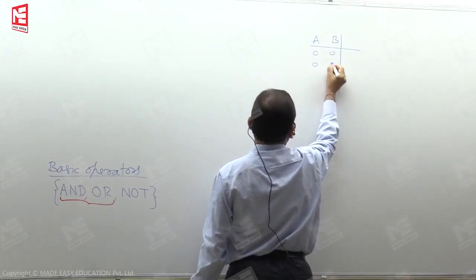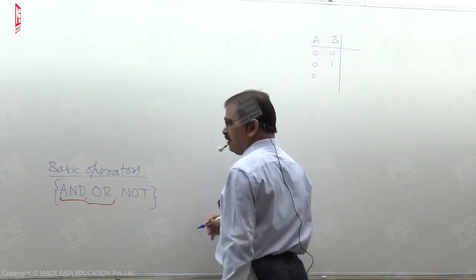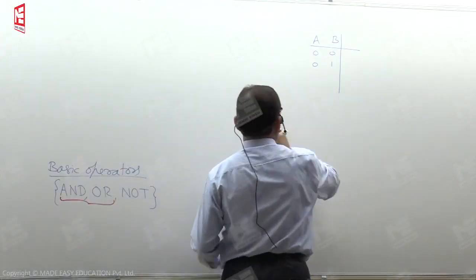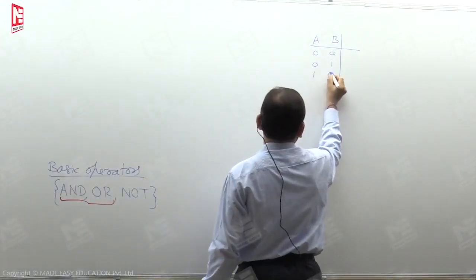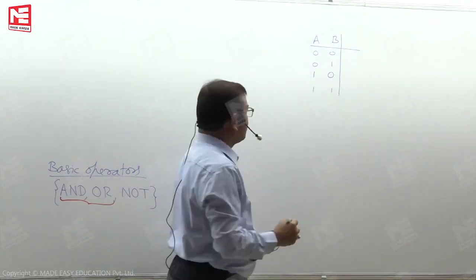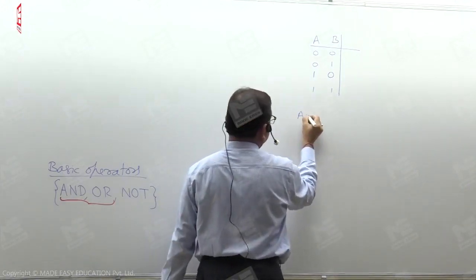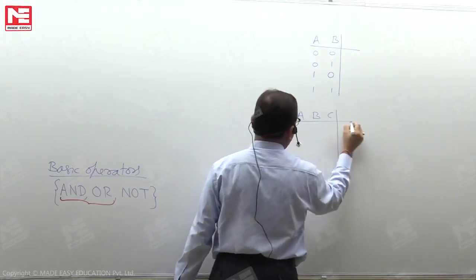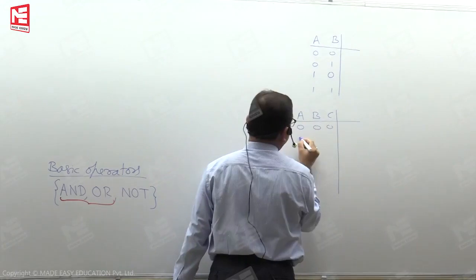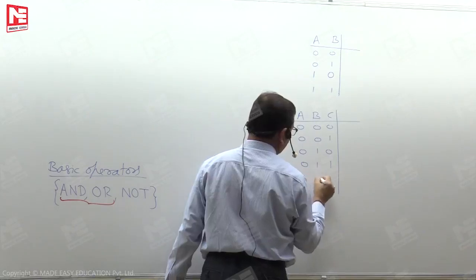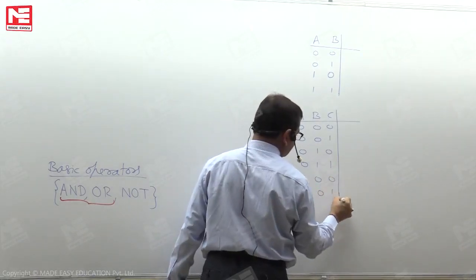Similarly, these are the possible combinations on 3 Boolean variables.